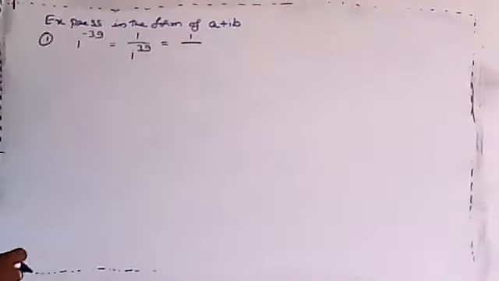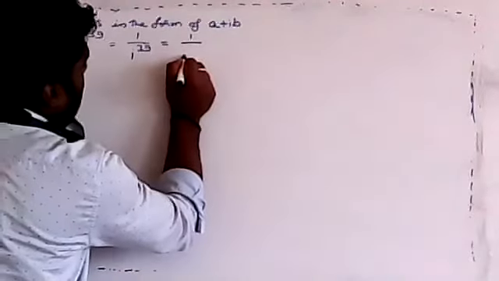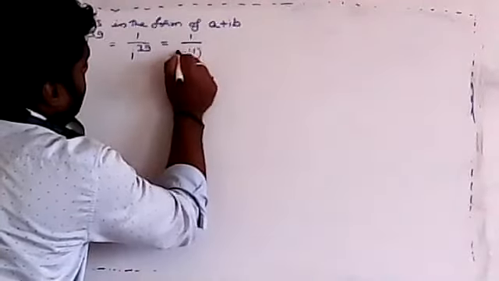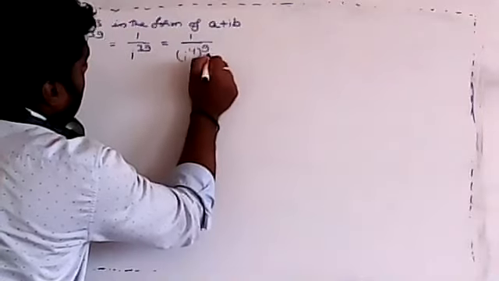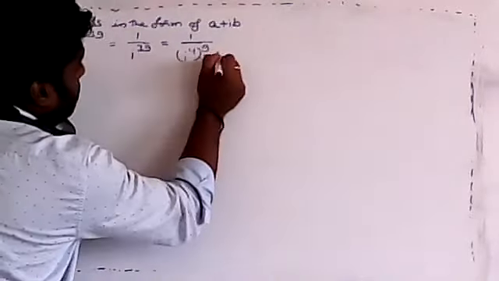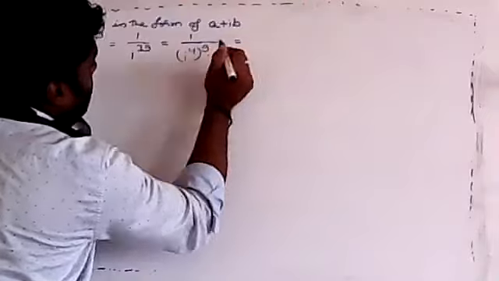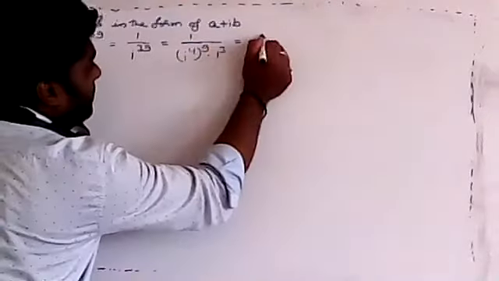So we can write 39 as 4n plus 3. Yes, good. 4 into 9 plus 3, that's good. Can I write that one as i to the power of 4 to the power of 9 into i cube? Good. What do you get then?